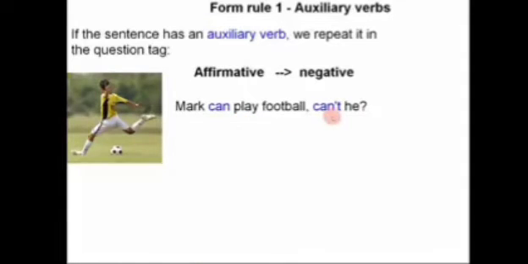The auxiliary verb here is can, and we have the negative form in the question tag. Remember that an affirmative sentence will always take a negative question tag. That is why you have can't he as the question tag there. Mark can play football, can't he?